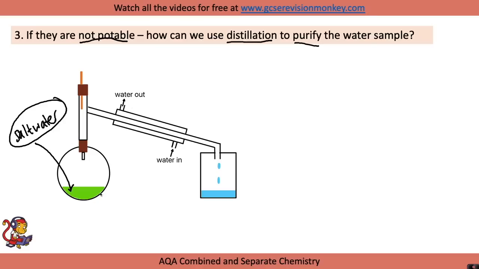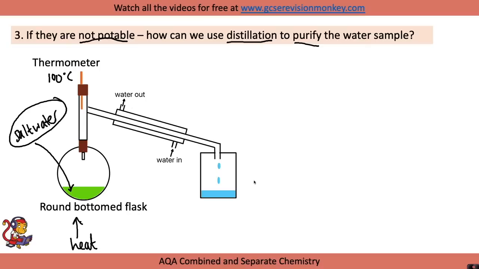So the flask that we put this in is called a round bottom flask, and you would heat that flask normally using a water bath or perhaps using a Bunsen burner if you're doing it in the lab. You have a thermometer at the top here, which you'd want to make sure for pure water was reading 100 degrees C, so that you know that in your beaker over here you are getting pure water.